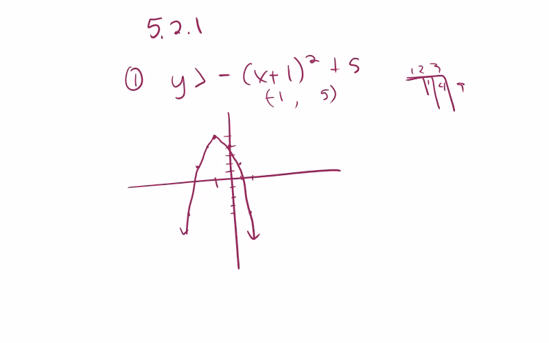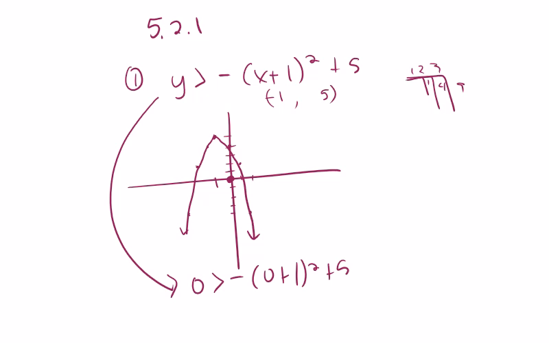So then in order to decide where you're going to shade, because we have an inequality, so it means you're going to shade somewhere, I always test the ordered pair 0, 0. So you put the ordered pair 0, 0 in and see if it makes it true. So if I put 0 in for x, is 0 greater than negative 0 plus 1 squared plus 5?